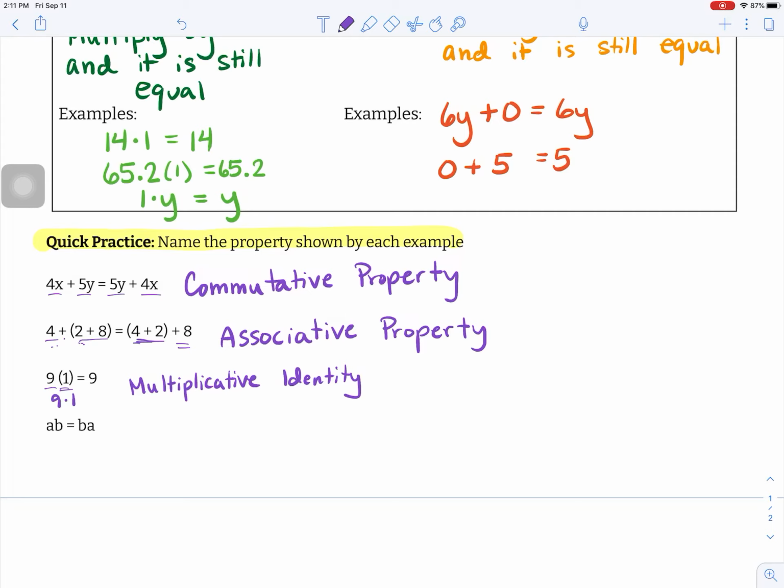Okay, and last but certainly not least, I see an A, B, 2 letters sitting right next to each other, must mean multiplication, right? So A times B. And on the right side, I see B, A. So again, B times A. And if I remember correctly, the commutative property works for both adding and multiplying. So this must be another commutative property.